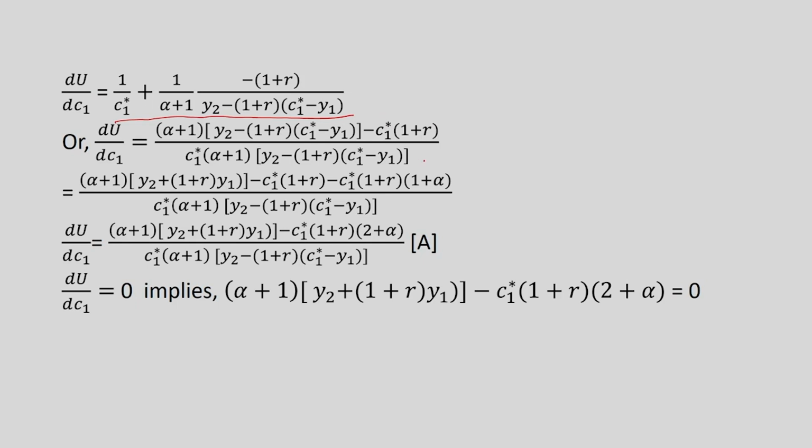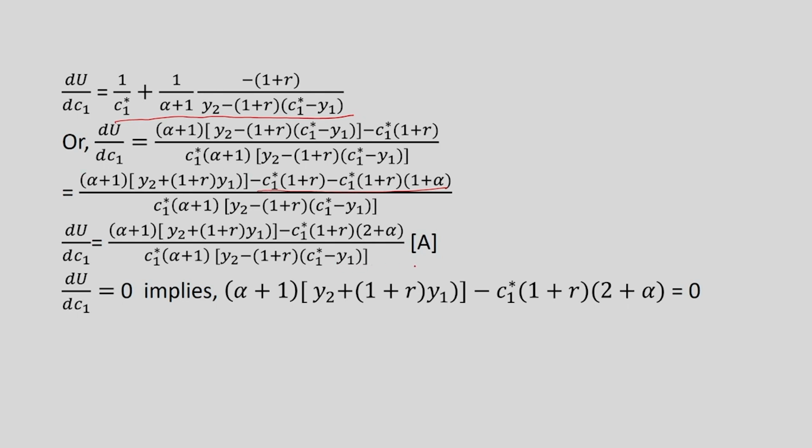In the next step I have just taken these two things in the denominator, right, and it looks like a complicated expression, but it is not. And you see I have put together the terms with C1 star, and in the first term there is no C1 star.